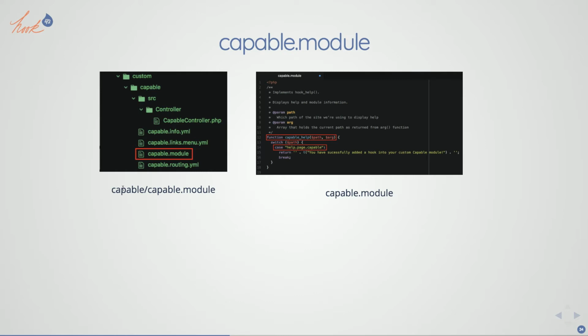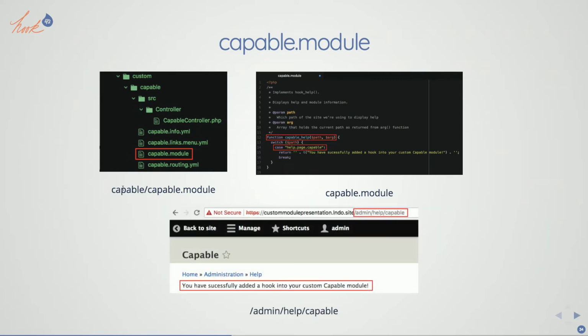So I'm just leveraging that hook_help, and I'm instead doing it capable_help. So I'm editing the Capable module's help page with this hook. And I'm just saying, look, your hook's working. It's not very helpful, but it's just to make sure everything's connecting and talking. And then if you go to admin/help and then Capable, it prints up.